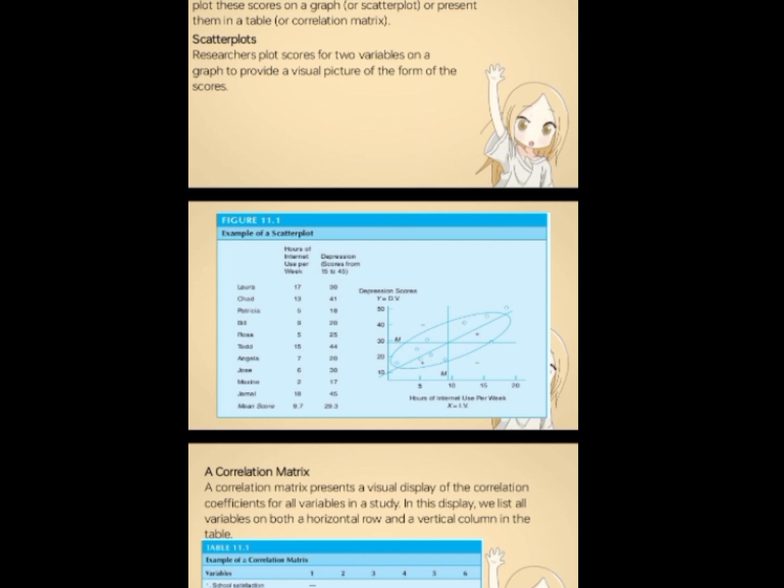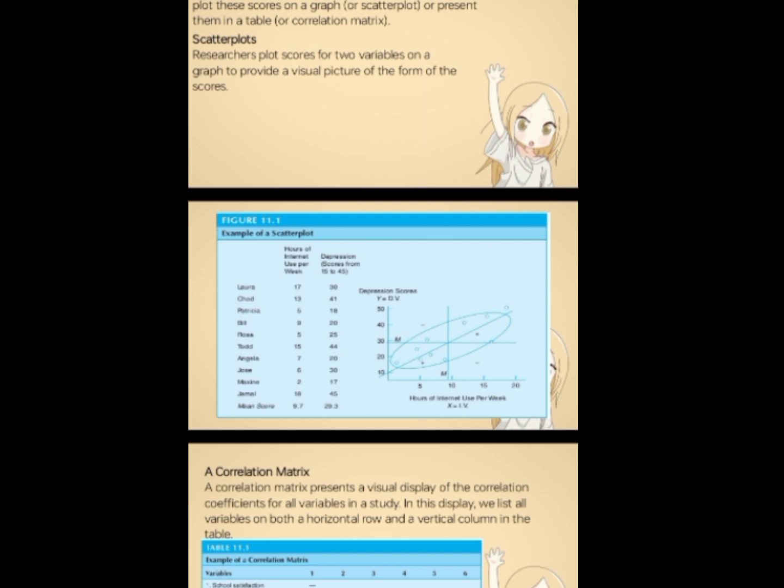There are 10 scores or points on the graph, right? One for each participant in the study. This means scores or M on each variable are also plotted on the graph.